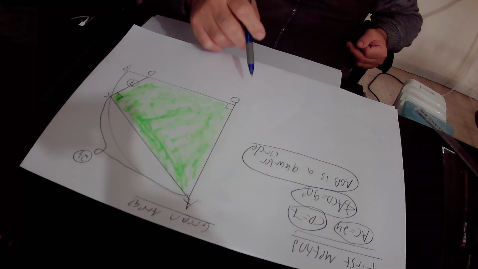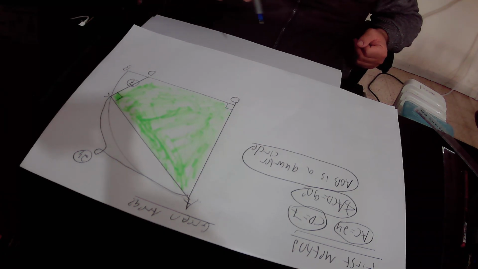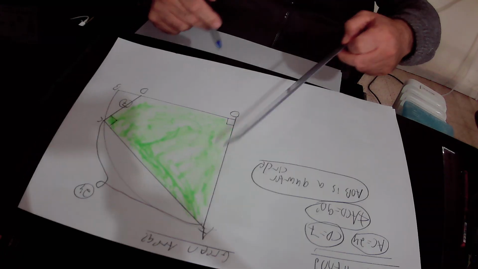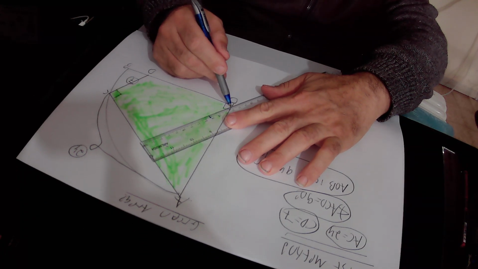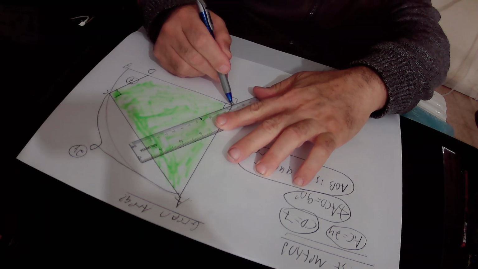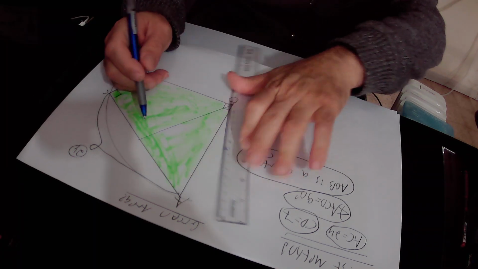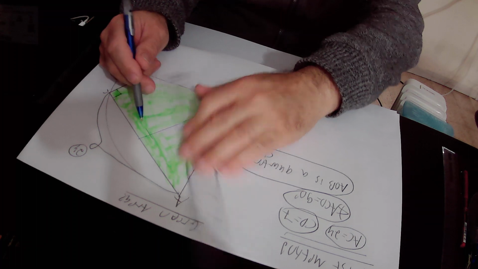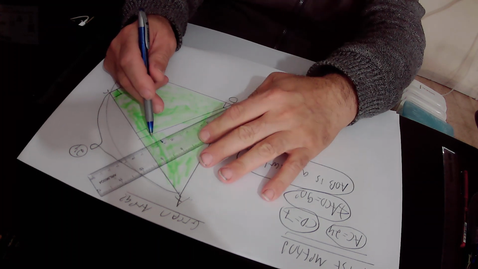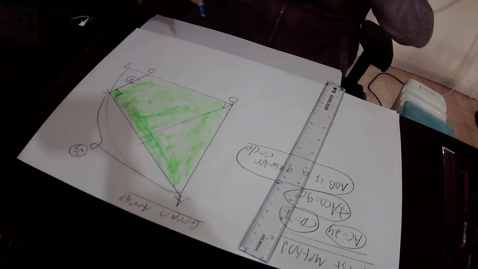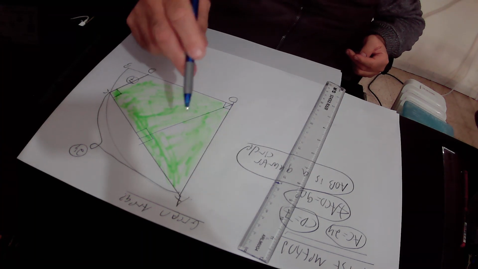So from point O, the center of the circle, we'll draw a perpendicular on chord AC. So this angle equals 90 degrees, and this angle will also equal 90 degrees according to our construction. We define the touching point of the perpendicular from point O and AC as P.